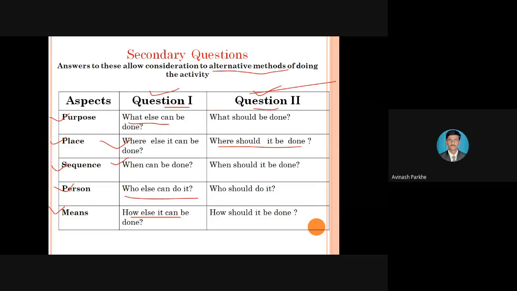So this is the second recording technique, which is called critical examination, in which we are applying the set of questions. So this is about the primary questions and the secondary questions, which are related to critical examination.